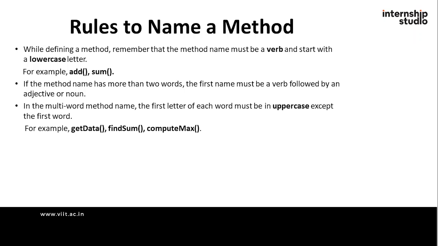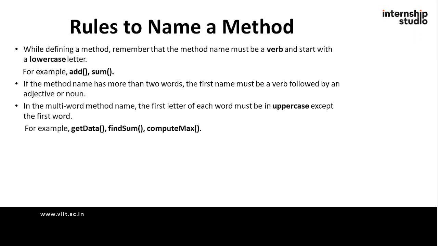It should start with lowercase. If you start with a capital letter, it will not give a compiler error, nor any execution error. But it is standard practice to start with a verb in lowercase, for example addSum. If the method name has more than two words, the first word must be a verb followed by an object or noun.